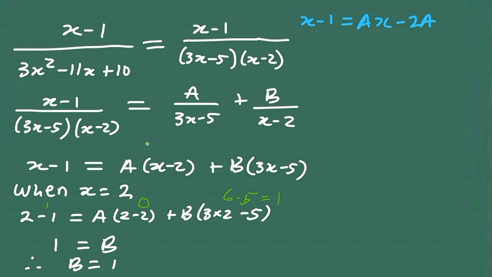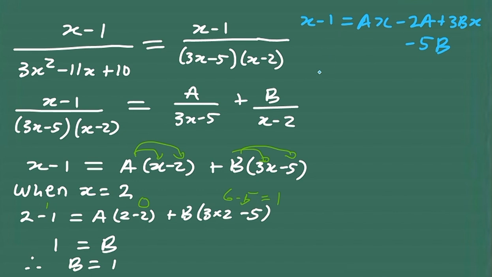So basically we take a multiplied by each term, and the same thing for b. For b, 3x times b gives positive 3bx, and b times minus 5 gives minus 5b.